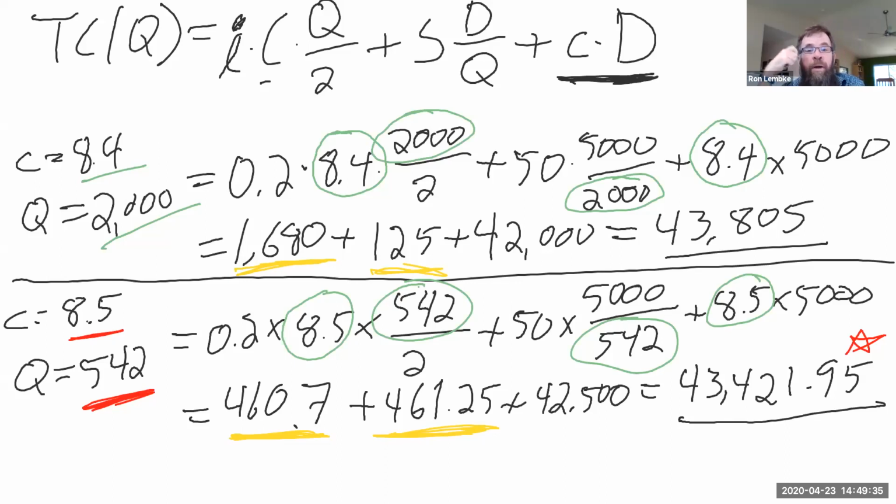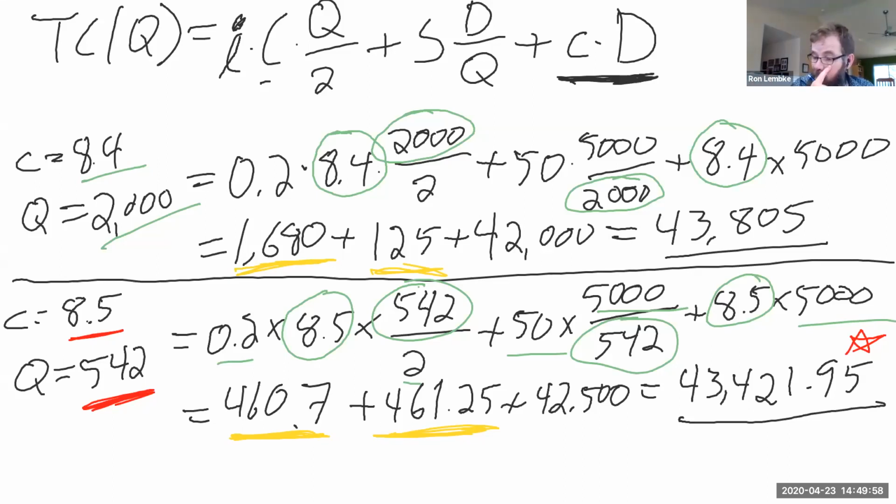So those two amounts, the order size and the price, change between the two formulas, but all the rest stay the same. 0.2 is the same, 2 is the same, 50 is the same, 5,000 is the same. Not a lot changes between the two.